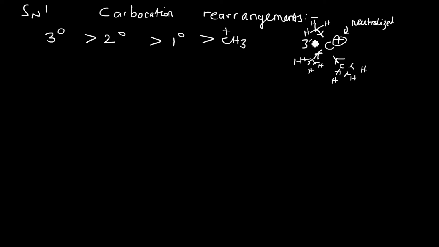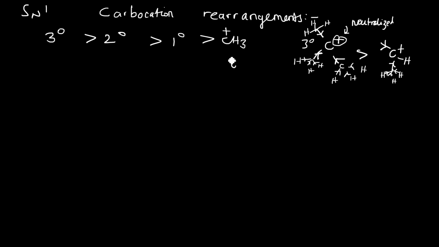Compare the tertiary to the secondary, such as this one. You're losing one methyl, so you only have the baby hydrogen. So you don't have much electron donation inside the structure. That's why tertiary is more stable than secondary.